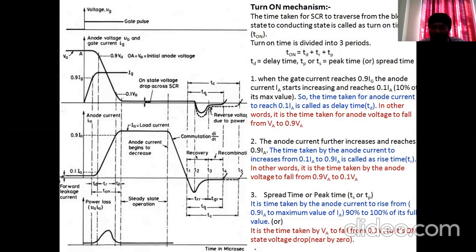If it is slow, we call it slow transition. So depending upon the rate of change of current during falling of the current, because we are now turning off this device, the anode current comes to 0 value. At this point, we can say the device is turned off because the anode current becomes 0.